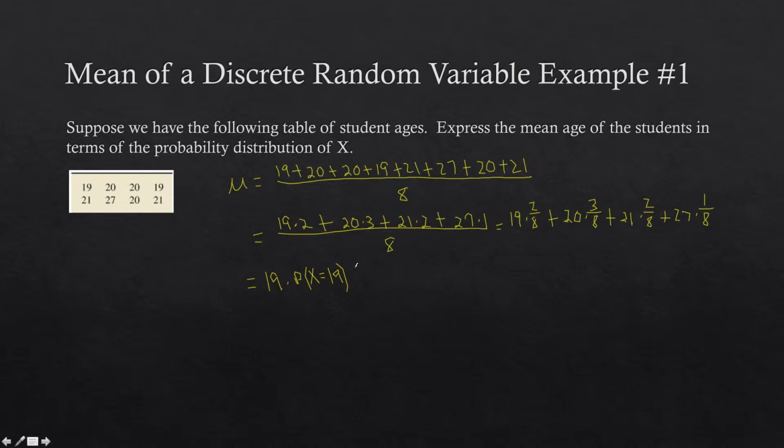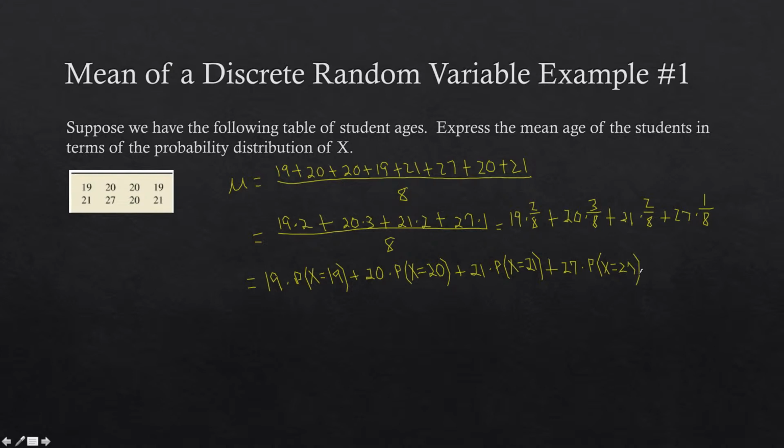So plus 20 times the probability of x equaling 20, plus 21 times the probability of x equaling 21, plus 27 times the probability of x equaling 27.